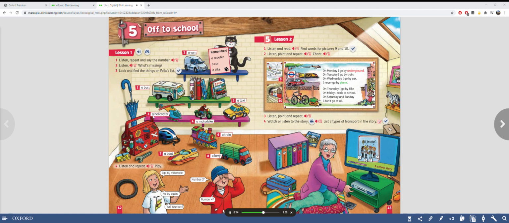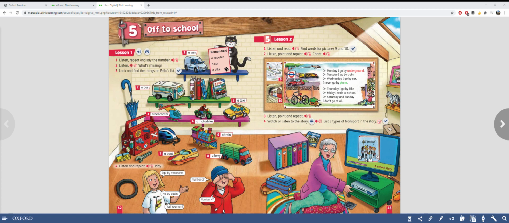A bus. Number 2. A van. A van is the number 1. A boat. Number 7. A train. Hey, this is difficult. Number 6.